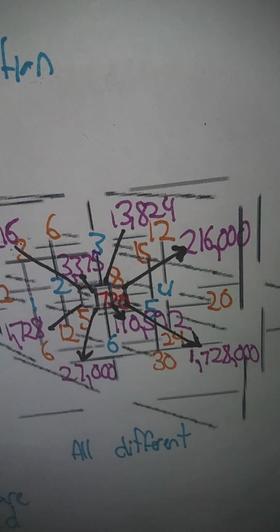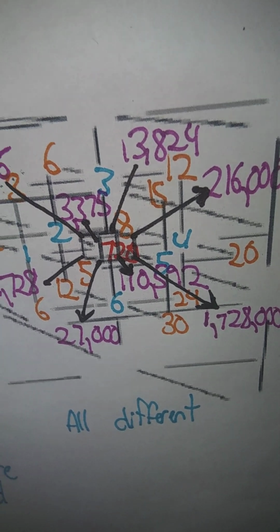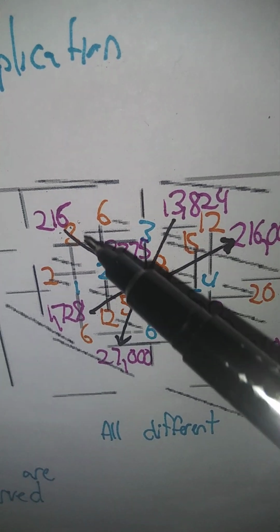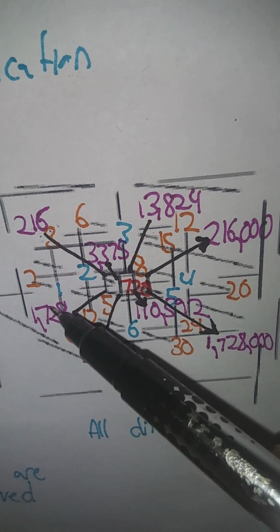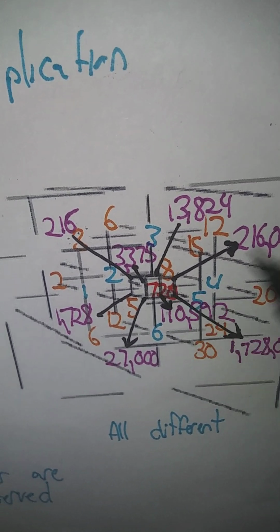On the multiplication, the 1 2 3 4 5 6 primary numbers are all different. If you look at the inner ghost numbers, 216 and the rest, they're all different.